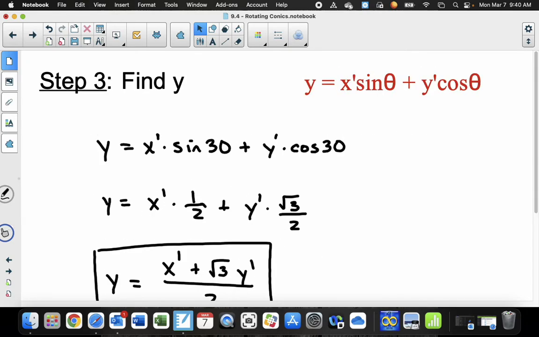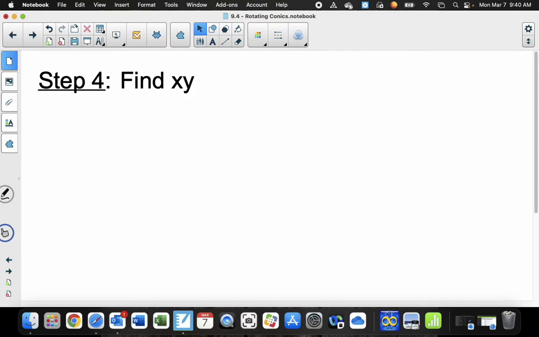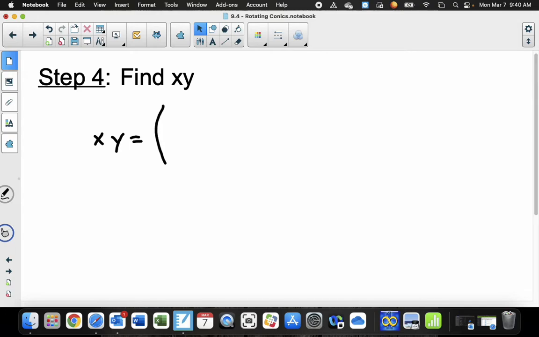Okay, so here we go. Let's find xy. Which is just the x that we found multiplied by the y that we found. Okay. So here we go.